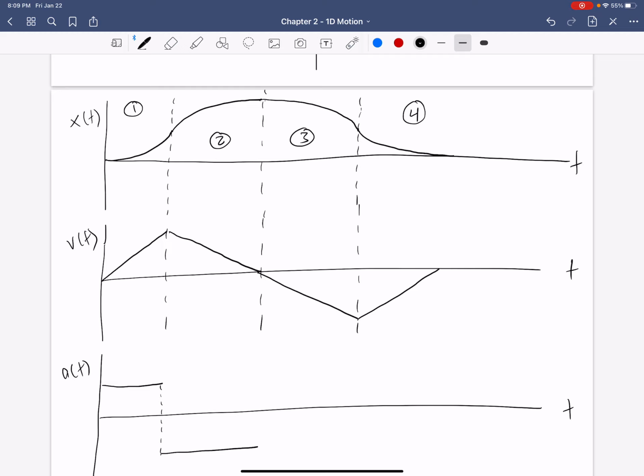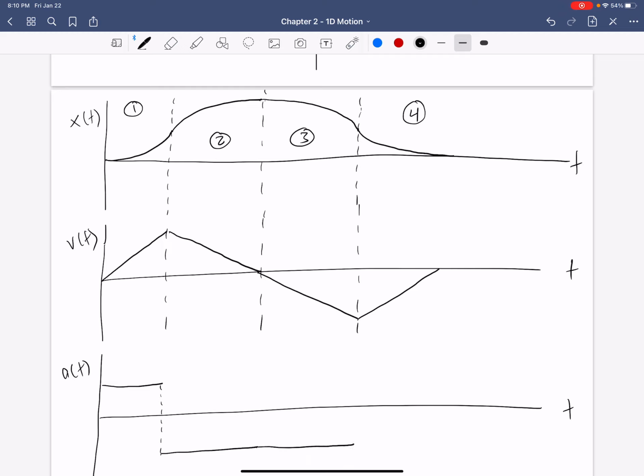It very quickly goes from this acceleration to this one, right? When you stop and turn around, right? Or rather, when you accelerate and then decelerate. Sorry. In section 3, we continue on at that same magnitude, that same rate of acceleration, right?